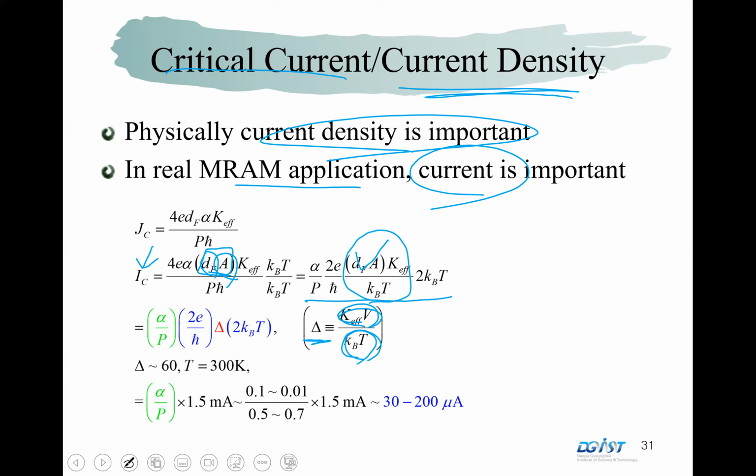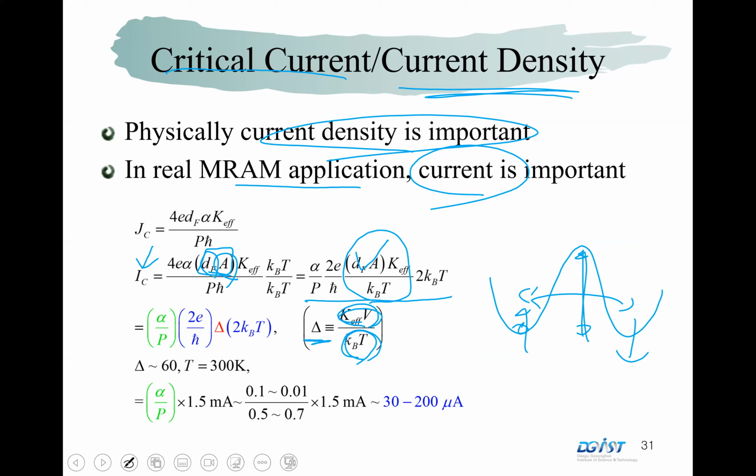To obtain stable data storage, we need a large energy barrier between the two states, here the up state and here the down state, compared to the thermal energy. If this barrier is smaller than or comparable to the thermal energy, the states can tunnel into each other, so we lose our stored information.